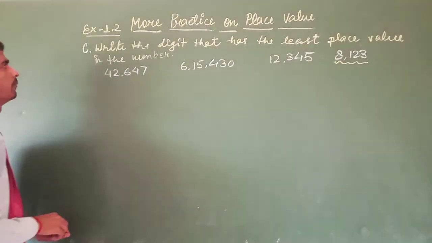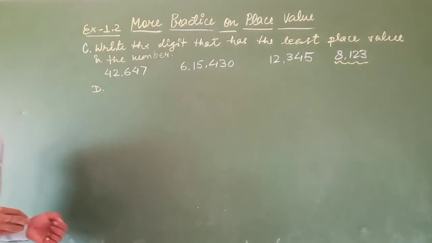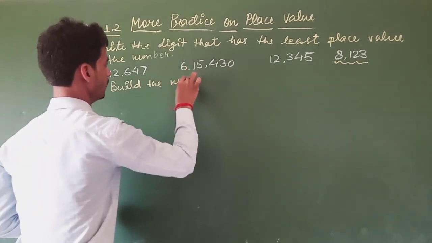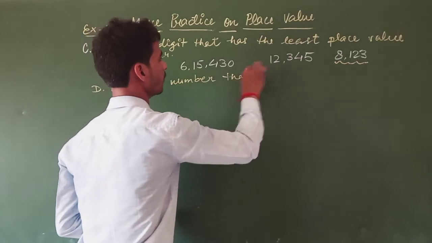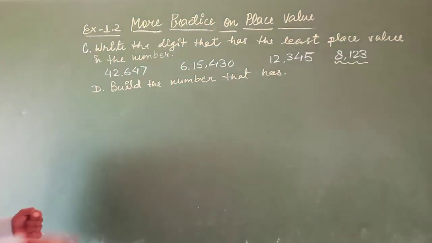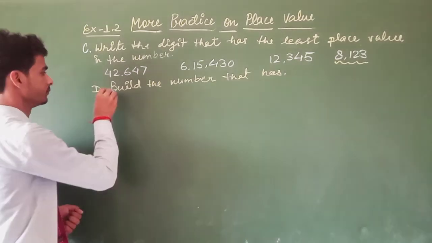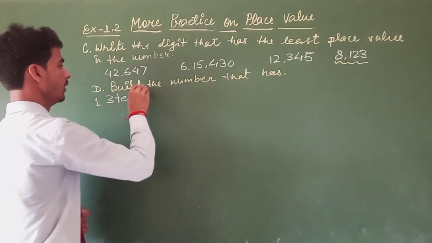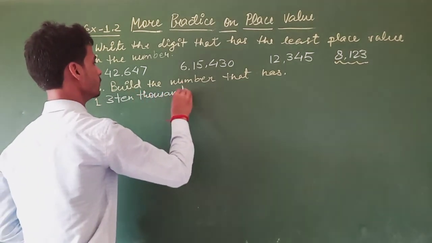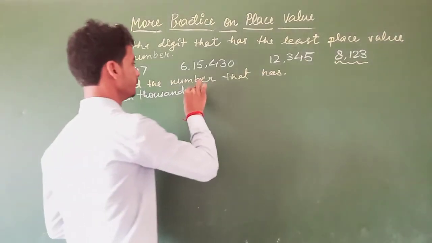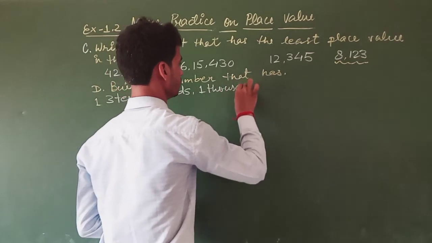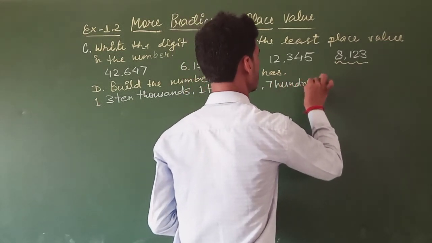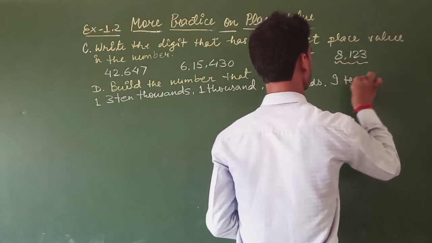Okay, now question number D. Build the number that has 3 10,000s, 1,000, 700, 9 tens, 8 ones.